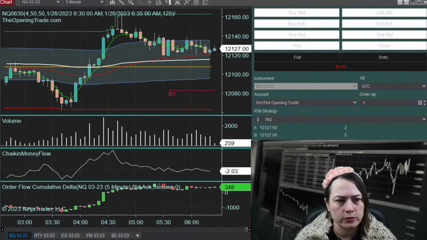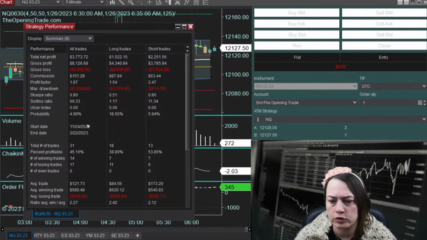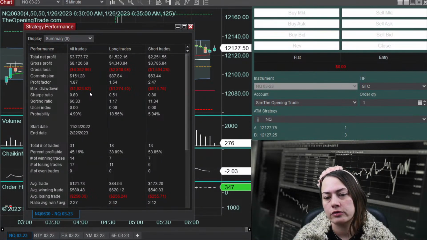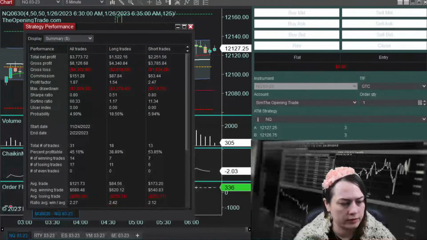All right, so the first one we're going to look at is the NASDAQ futures. Here's our 90-day date range. Here's our max drawdown, the gross loss, the gross profit, and the total net profit.